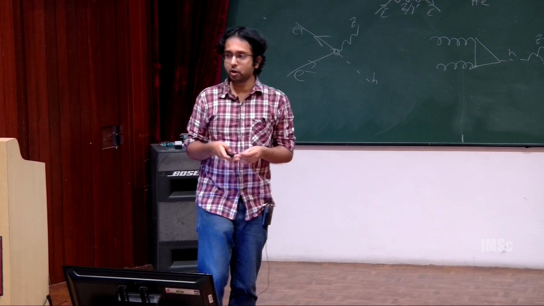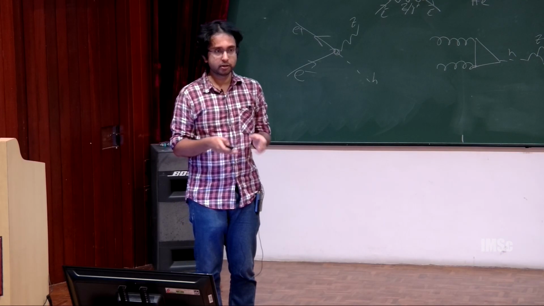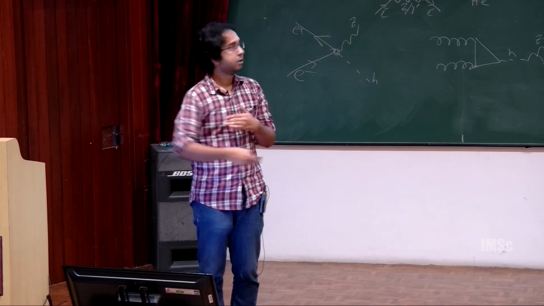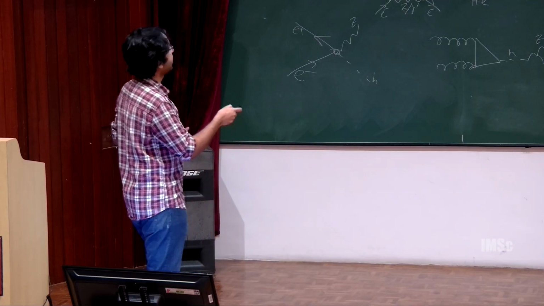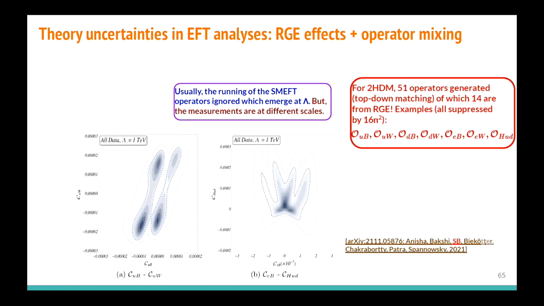So the RG evolution also creates new operator coefficients. So that is what we will see, that for the 2 Higgs doublet model, we started with 37 operators at the scale lambda. When we look at the operators at the scale mz, there are 14 additional operators of these forms which come into existence.